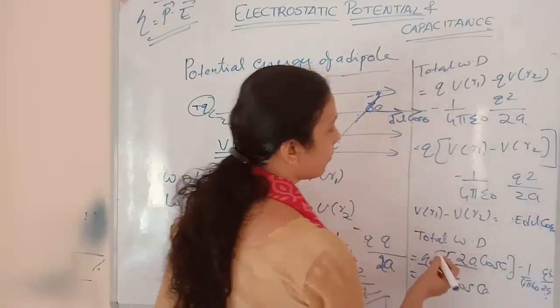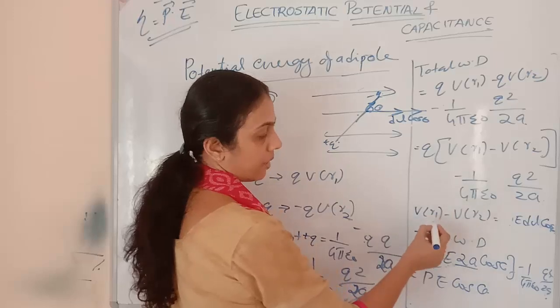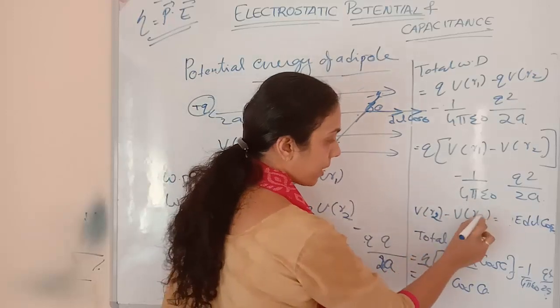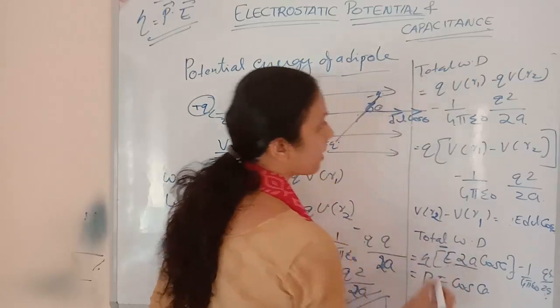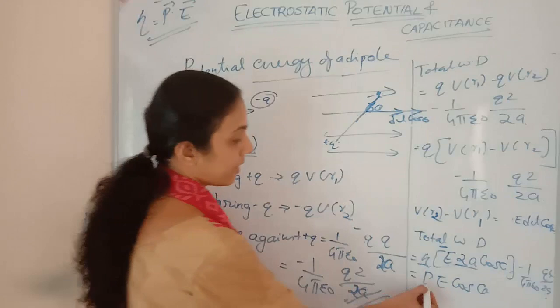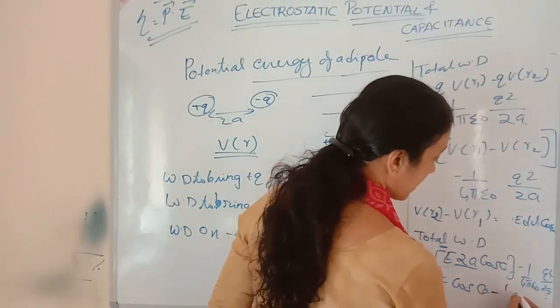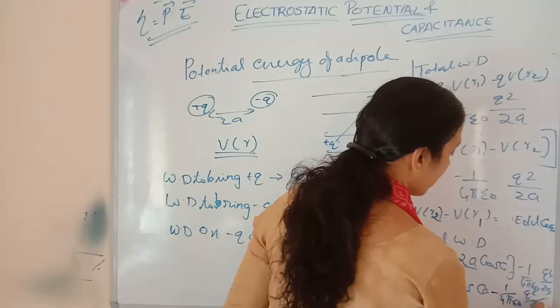So here V of r2 minus V of r1 is E dl cos theta, and V of r1 minus V of r2 will be equal to minus E dl cos theta. So it is pE cos theta minus 1 by 4 pi epsilon 0 q square divided by 2a.